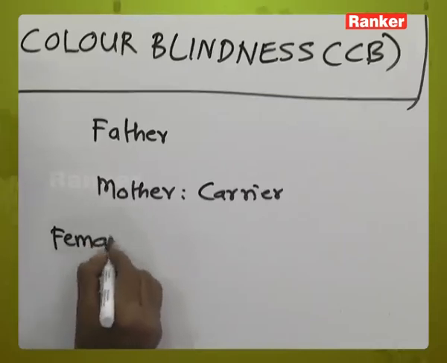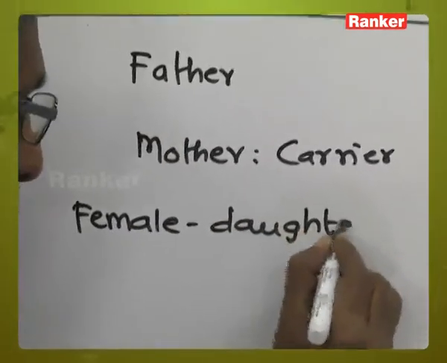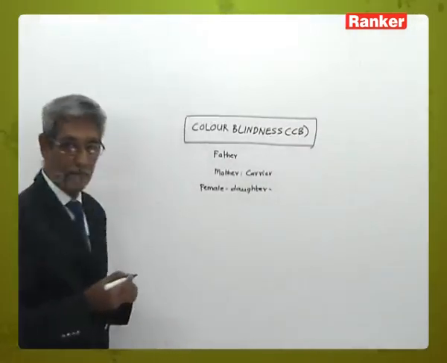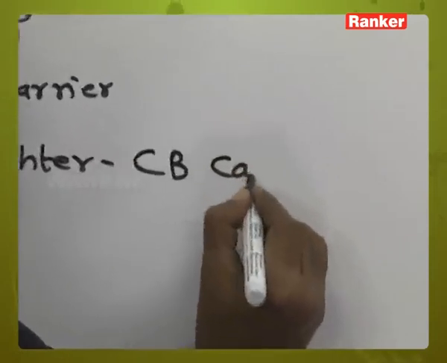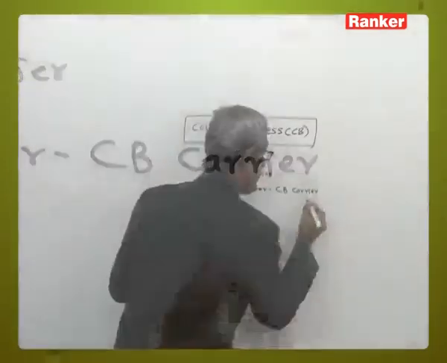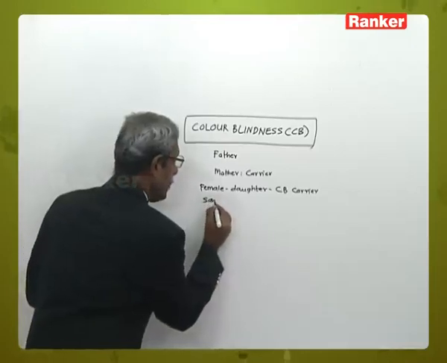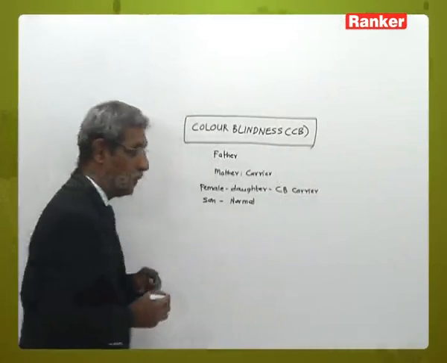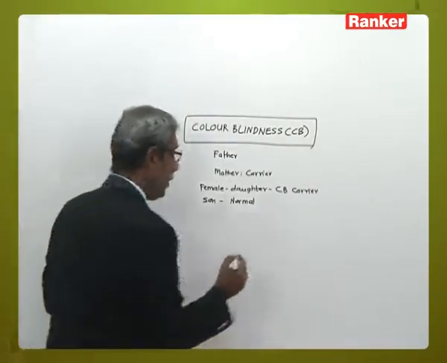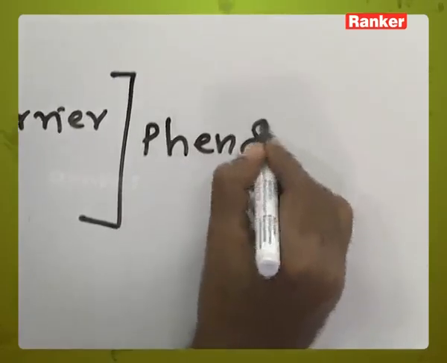Thereby, the female daughter is also a carrier of the color blindness disease. The son should normally be normal, though phenotypically you may not be able to distinguish between them. So, they are phenotypically similar.